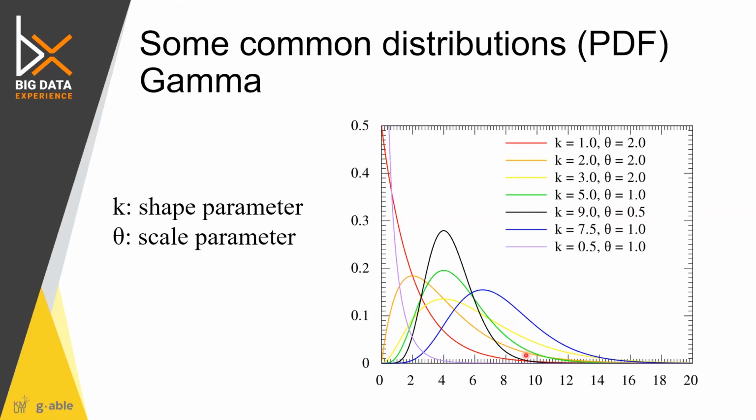You can see that the tail of the distribution is shorter when you have theta at the low value. When the scale increases, the distribution also spreads to the right-hand side. So that means the theta value, the scale parameter, controls the scale of the distribution, while k controls the shape of the distribution.